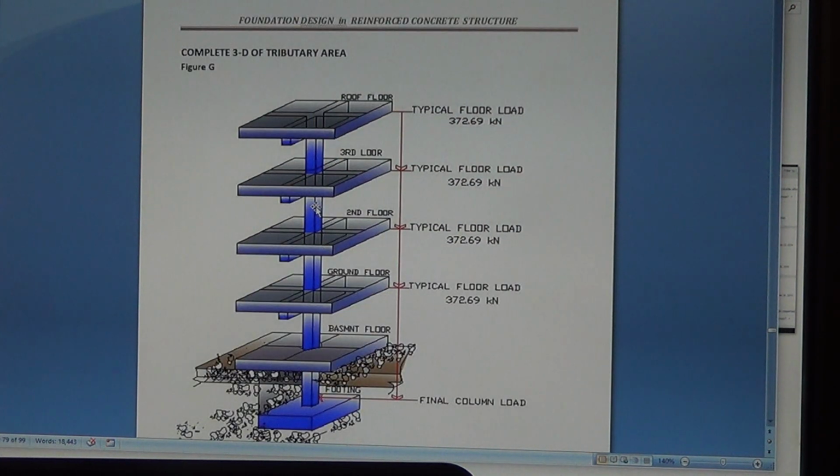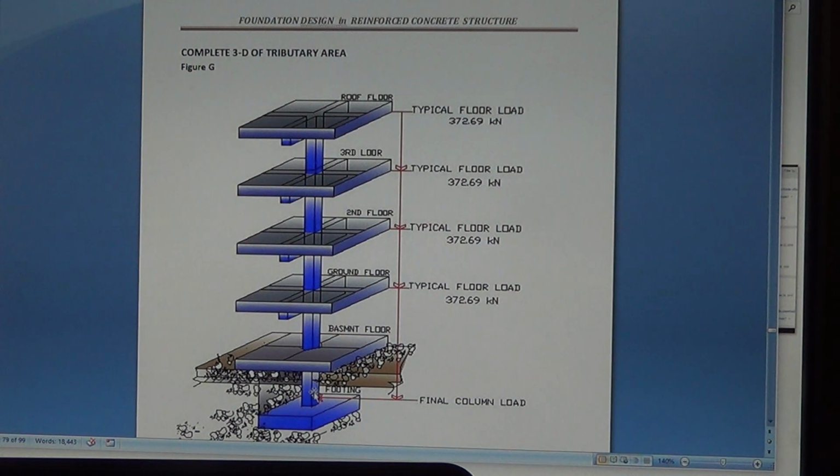Okay, this is the actual strip of the tributary area during the analysis, how to calculate the load of each floor and transfer that load up to here. All this above is carried by this column. The column on the top, third floor right here, is smaller, and as you go down it becomes bigger and bigger.